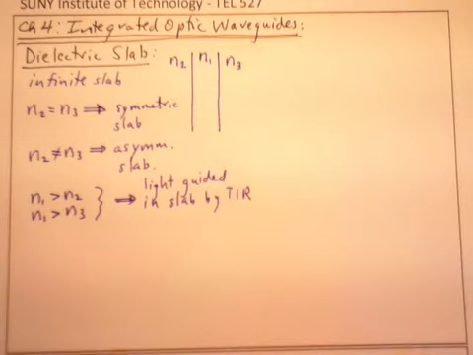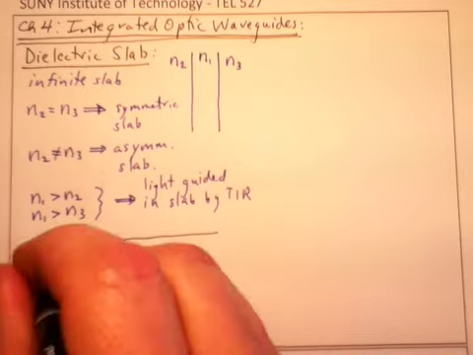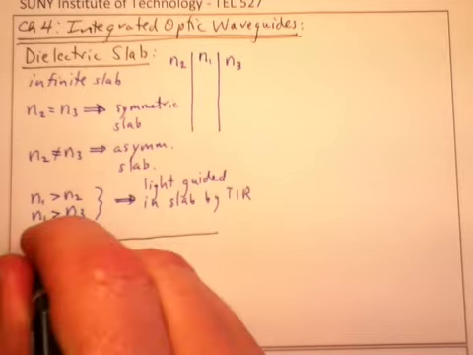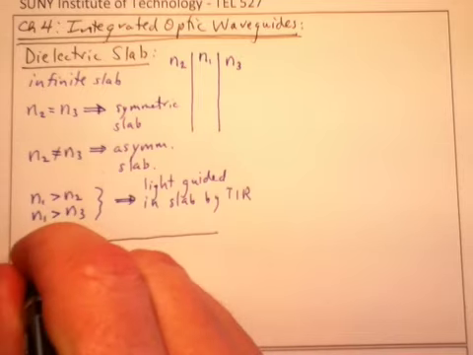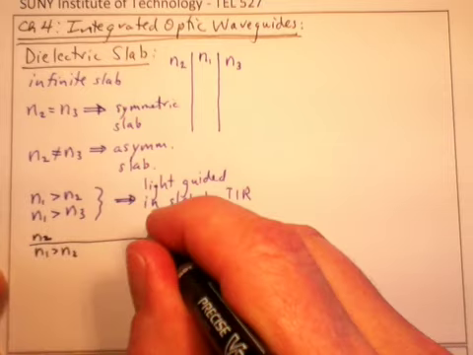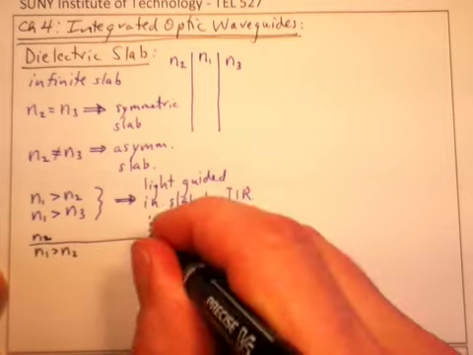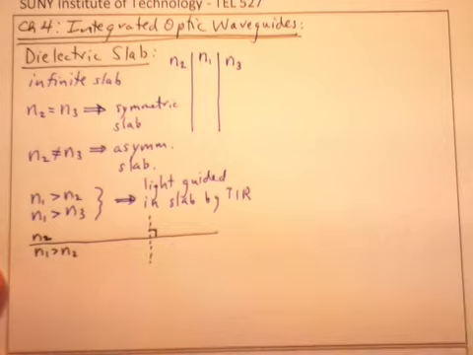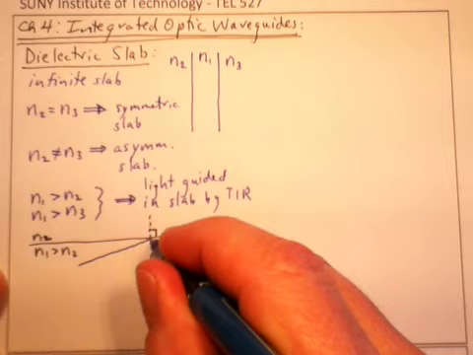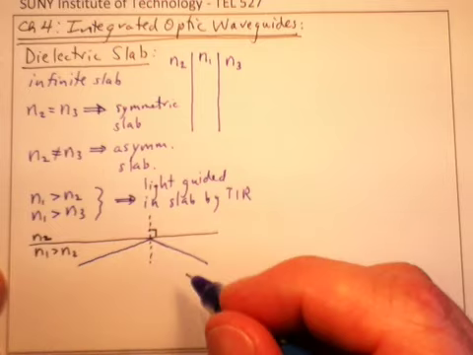We can picture that off to the side: here's index N2, here's index N1, which is greater than N2, and we'll draw the normal and the critical angle here, and that's the angle at which the refracted ray went to 90 degrees, as you'll recall.